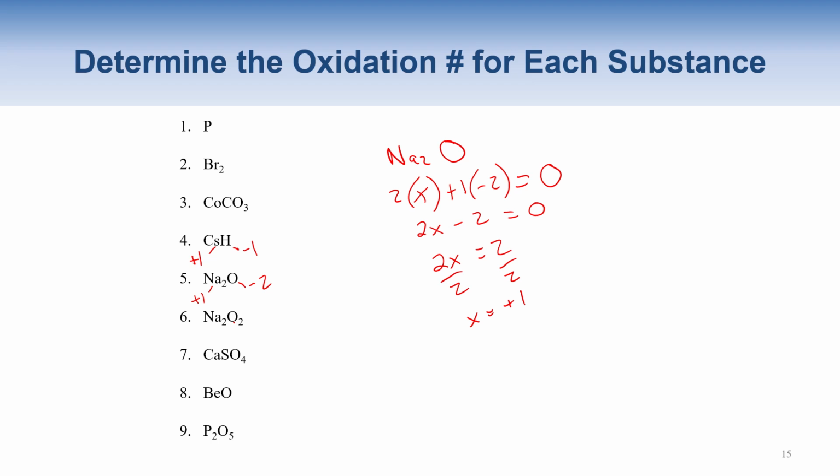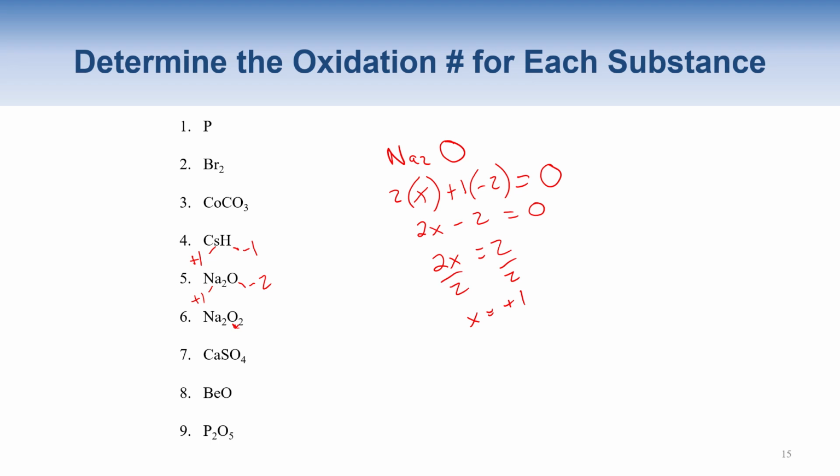Now if we look at the next one, Na2O2. Because oxygen is bonded to itself, it's technically considered a peroxide compound. In peroxide compounds, you have to calculate the charge. So if it's bound to another oxygen, like in peroxide, you need to calculate it. So we are going to assign +1 to sodium, and then we're going to calculate the oxygen.